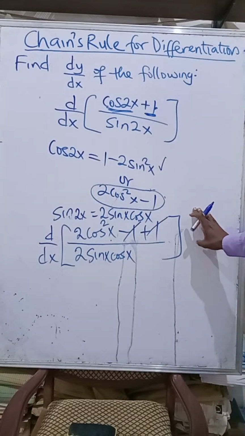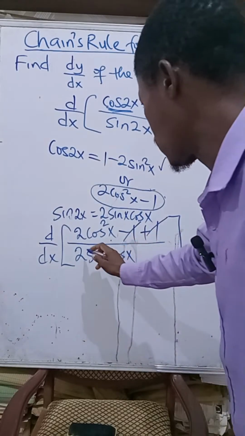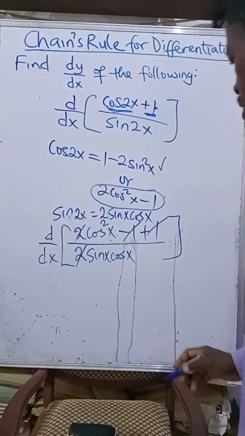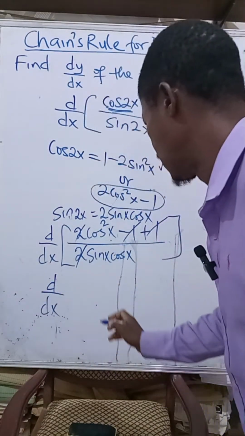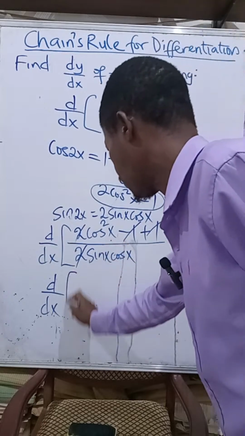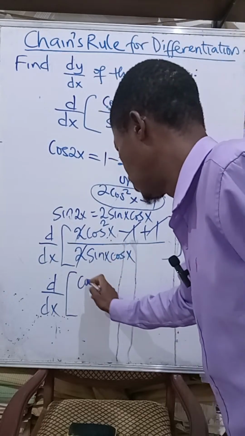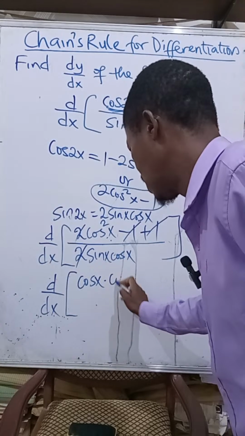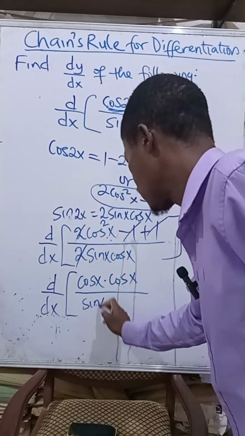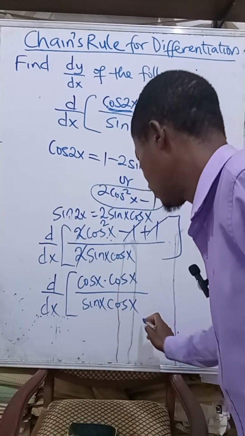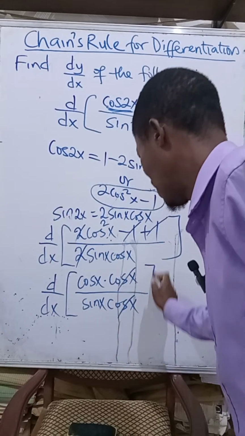So that's what we have now. Then the 2 we cancel also. So we now have d/dx of cos square x, that's cos x times cos x, over sin x cos x. So this one and this one cancel.